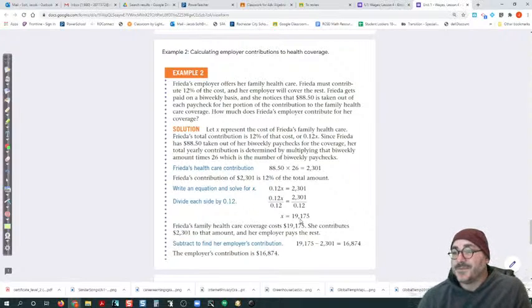$19,175. And if Frida is paying $2,301 of that amount, we take the 19,175 minus 2,301, and we get 16,874. Employer's contribution is $16,874.